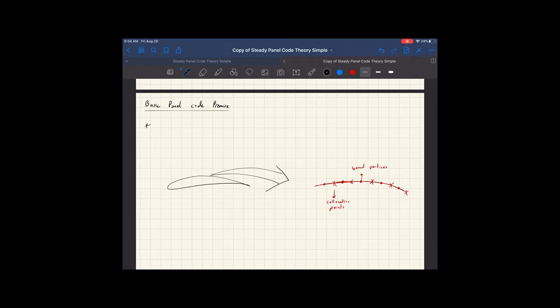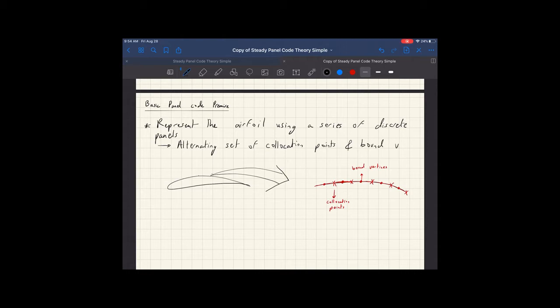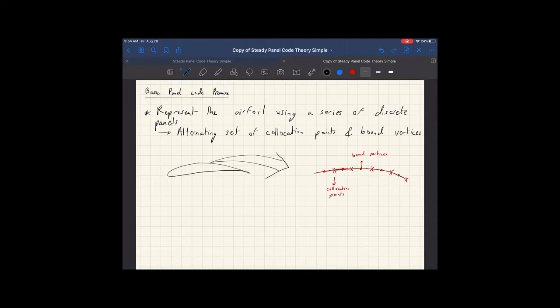In the panel method, you represent the airfoil using a series of discrete panels, meaning that you represent that airfoil with an alternating set of collocation points and bound vortices.